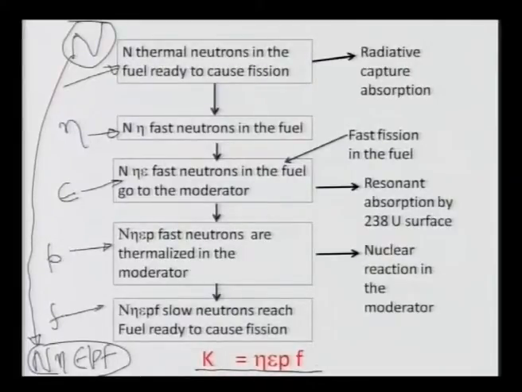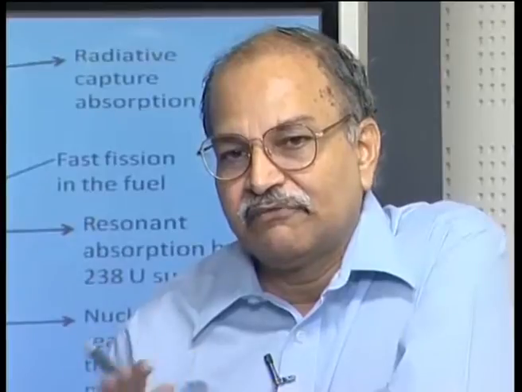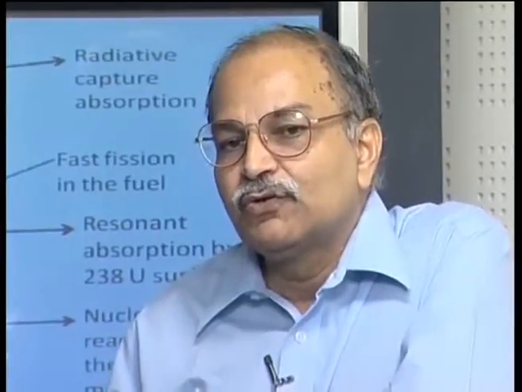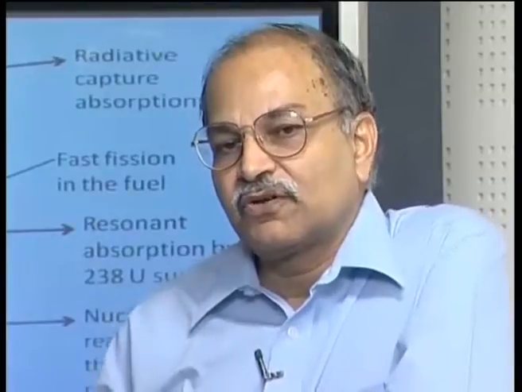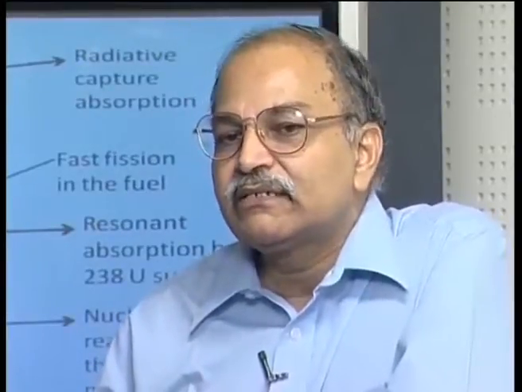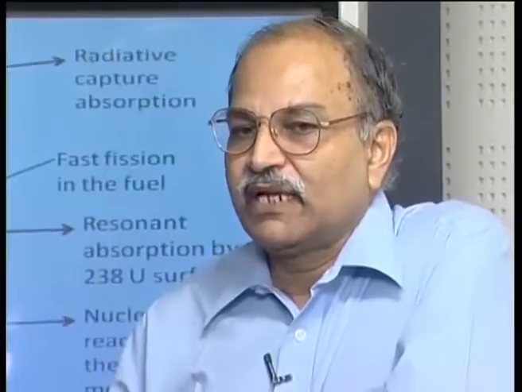All this is if you have an infinitely big core. In any real nuclear reactor you will finally have a finite volume, and the neutrons, whether fast neutrons or slow neutrons, can just leak out of that volume, that is, go out of the reactor core volume.